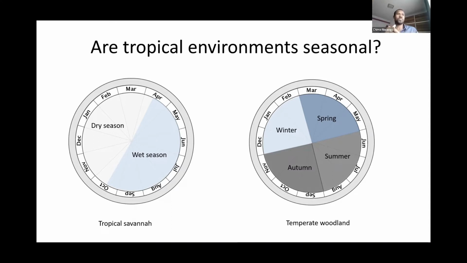Once the rain stops, the environment gets drier and drier and drier, and the peak of the drought is just before the next rain starts. So that's as best as seasonality can get.